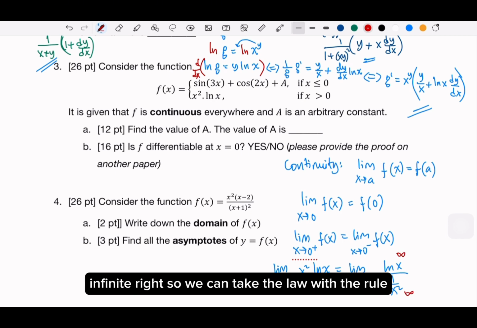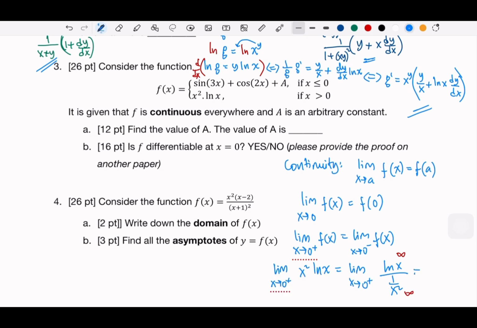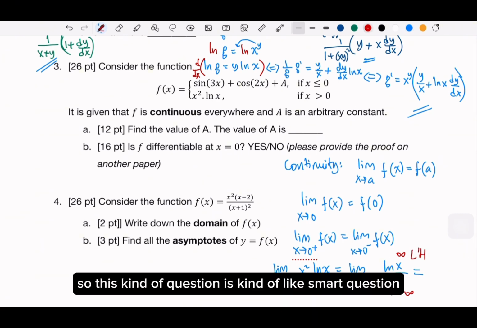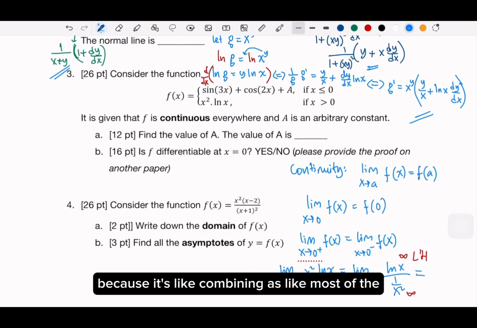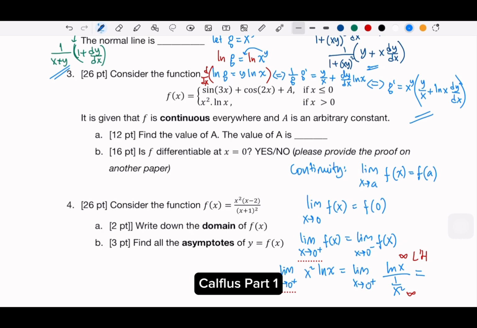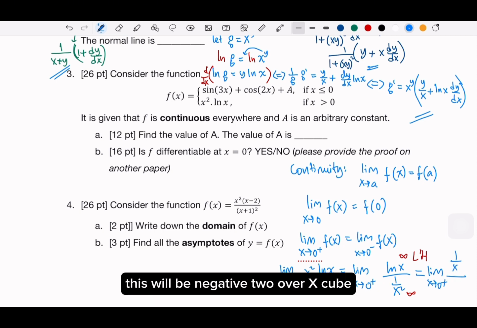So we can take L'Hopital's rule. This kind of question is a smart question because it combines most of the calculus part 1. So this will be 1 over x, and this will be negative 2 over x cubed. Let me rewrite again.